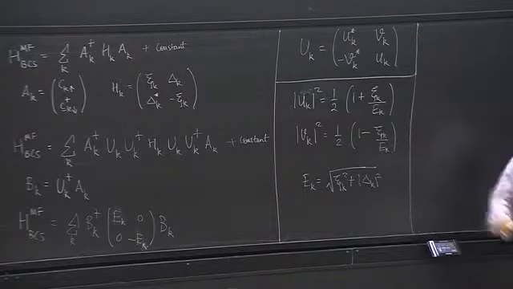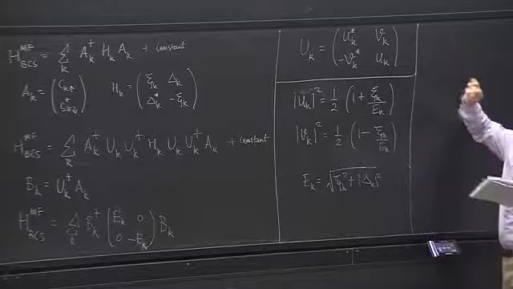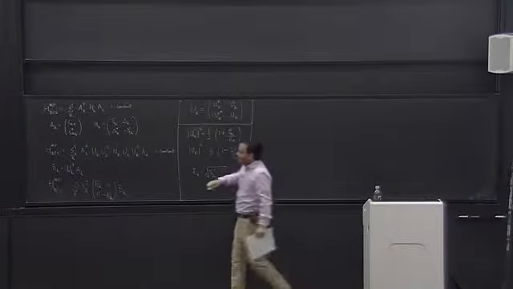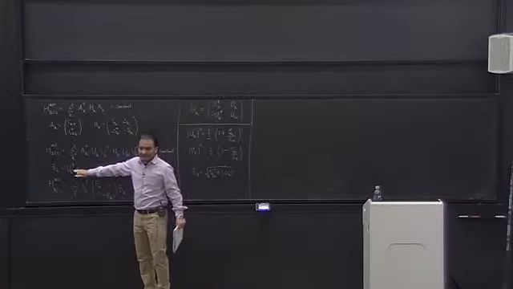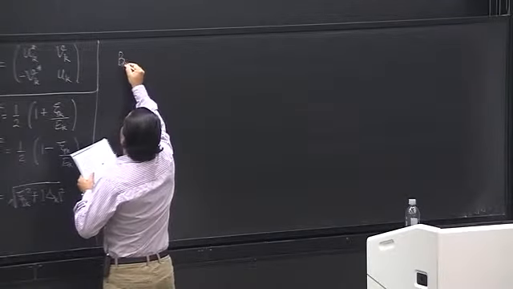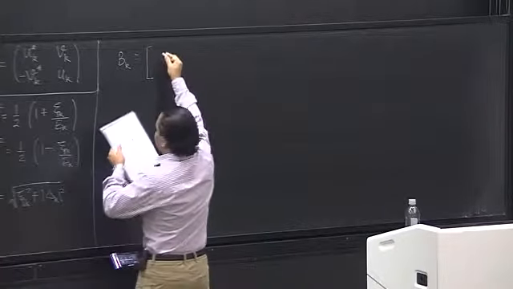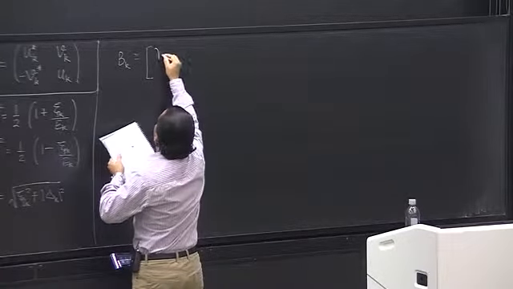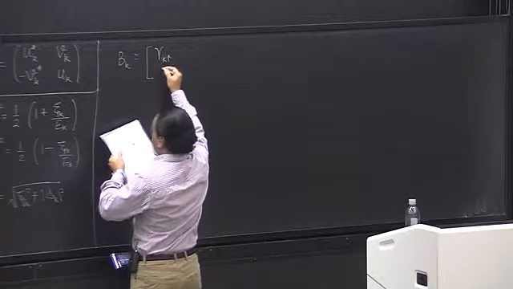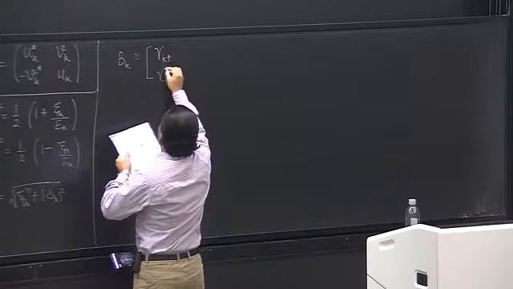So now you have UK and VK. What we are going to do next is write down what this equation really means. What this equation means is BK, which we are defining as some new operators, and I'm going to call it gamma K up, gamma minus K down dagger.